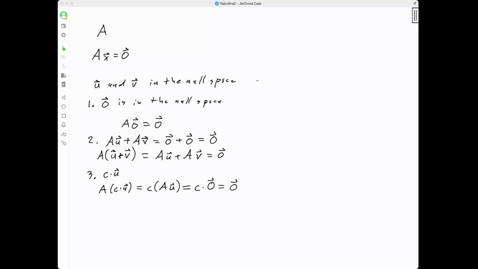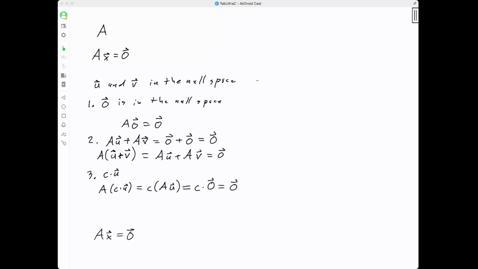To determine the null space, you just have to solve the matrix equation AX equals 0. And we learned how to do that in previous sections, so I'm not going to go through that process, but it is just a matter of solving that linear equation.